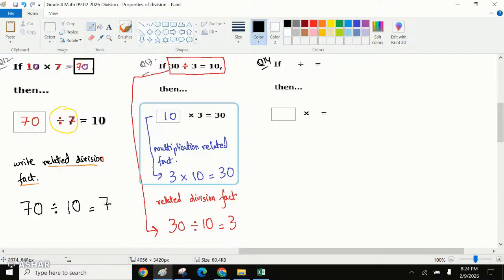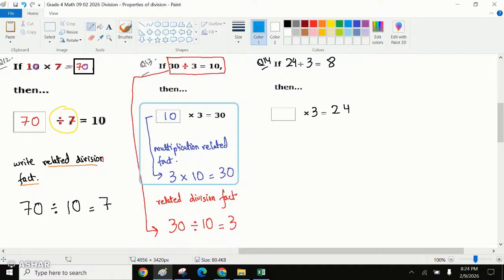if I say 24 is divided by 3 and we write 24, we know that 24 divided by 3 is 8, and let's write a 3.